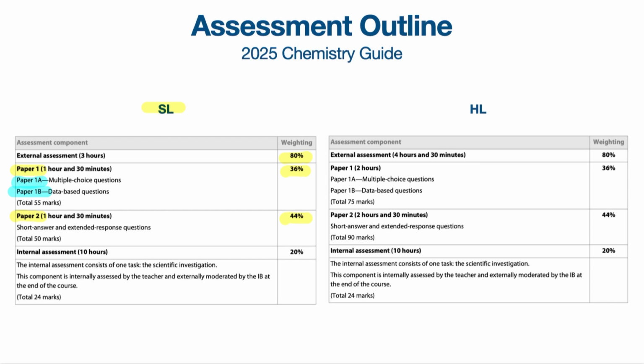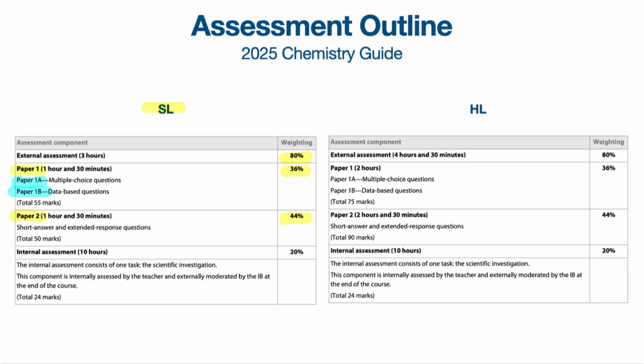You will be able to use the calculator and chemistry data booklet for Paper 1. Paper 2 is made up of short answer and extended response questions on standard level material. Again, you will be able to use the calculator and chemistry data booklet for this paper as well.